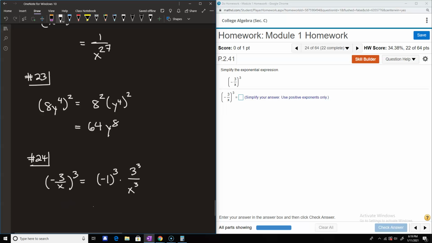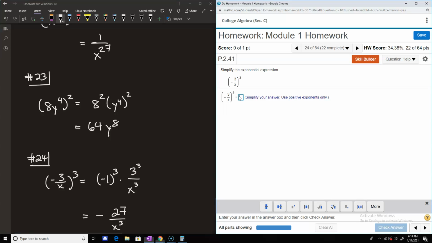So we have x to the 3rd. And then just simplify all the parts. -1 to the 3rd is -1. 3 to the 3rd is 27. So we have a -27. And then x to the 3rd is already simplified. So this simplifies to just -27 over x to the 3rd. So you've got 3 different components there. And we just raise all of them to the 3rd power. And then simplify.